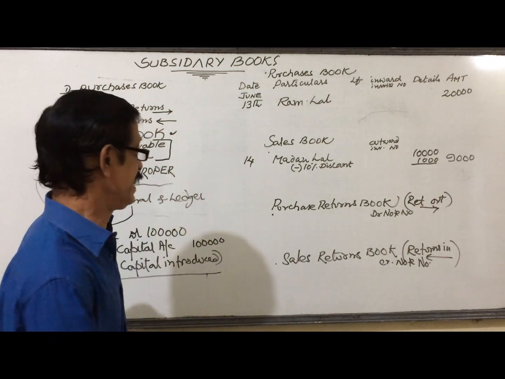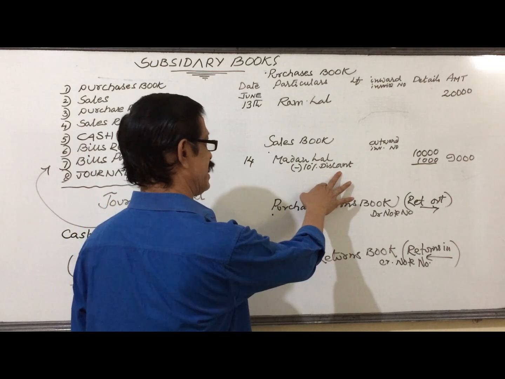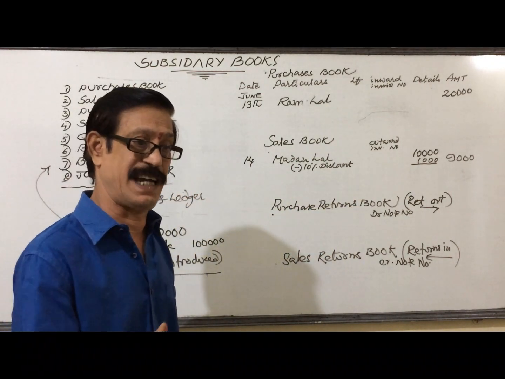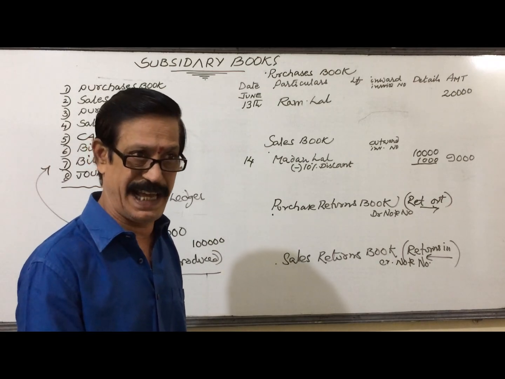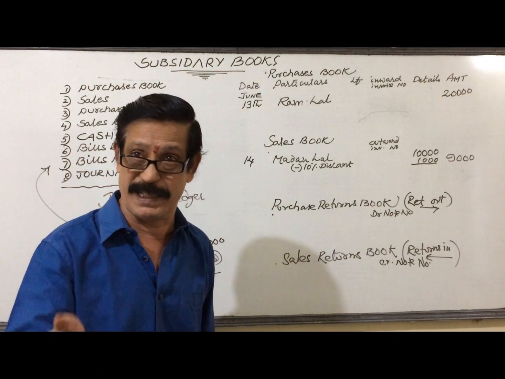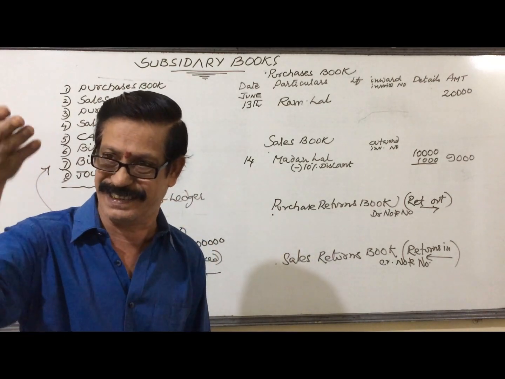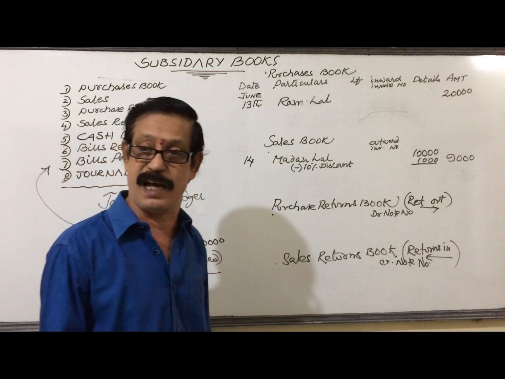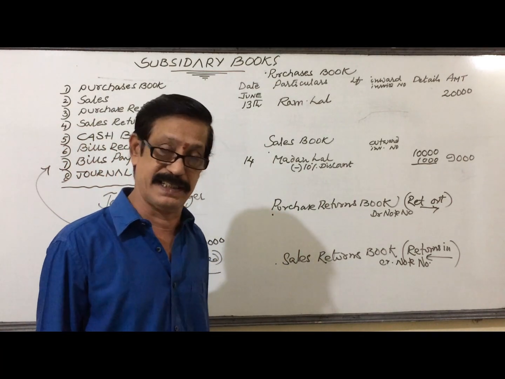Next, discount. What is called discount? At the time of buying and selling, if there is any discount, the price is reduced. The tag price, listed price, quotation price, whatever the price is, that price is reduced. That is called trade discount.